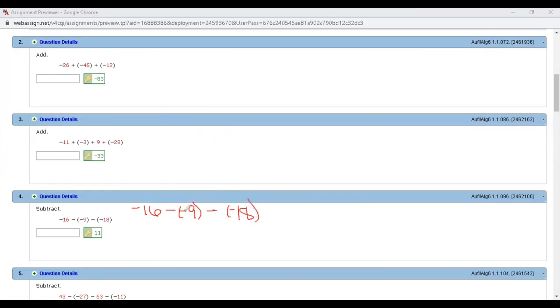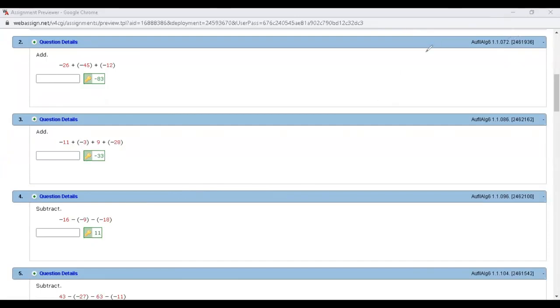When you minus a negative, it becomes a plus sign. What we're really looking at is negative 16 plus 9 plus 18. That's one thing to definitely keep in mind in this section.